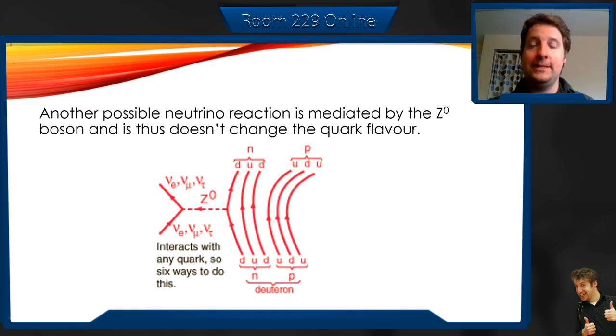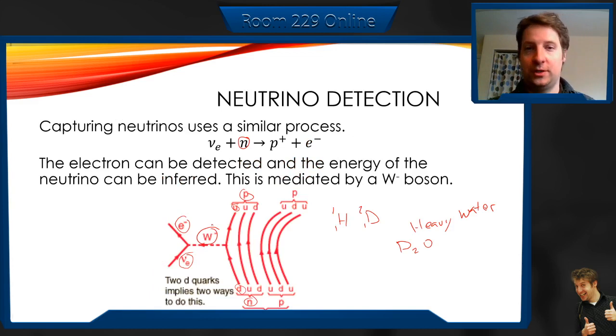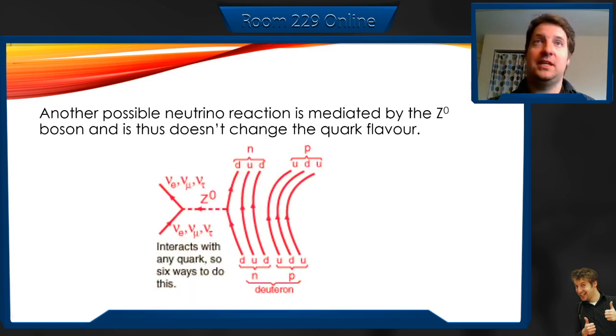Another way: that last one is mediated by a charged W minus boson, or it can also be mediated by a neutral boson, which is when one of the neutrinos comes along and just interacts with the quark without changing its flavor.